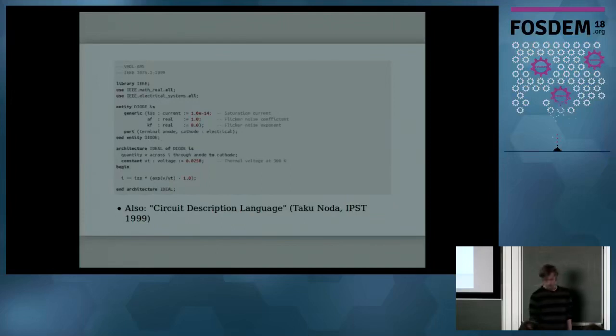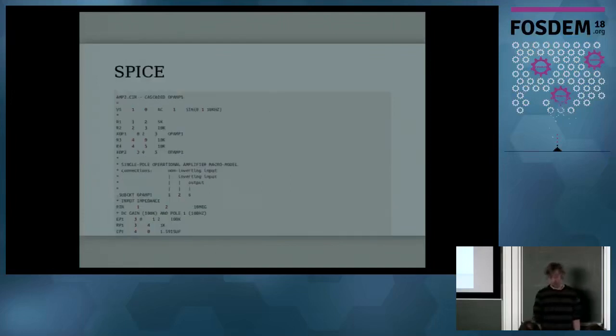There's also SPICE, which I forgot last time I gave this talk. But all of these are really about simulating the actual behavior of your electronic circuits. And I suppose I'm interested in just replacing the schematic entry and making that easier.